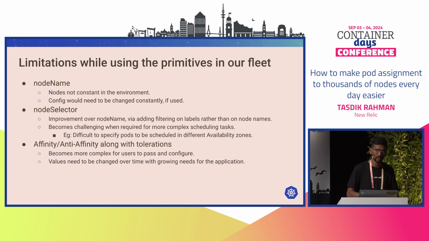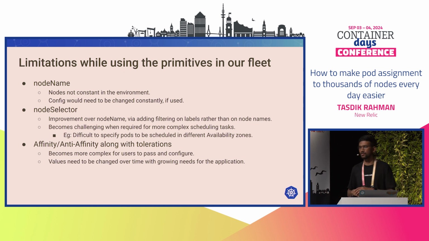And the next thing is affinity and anti-affinity along with tolerations. This definitely works, and is probably one of the most efficient ways to do out-of-the-box scheduling for your applications.